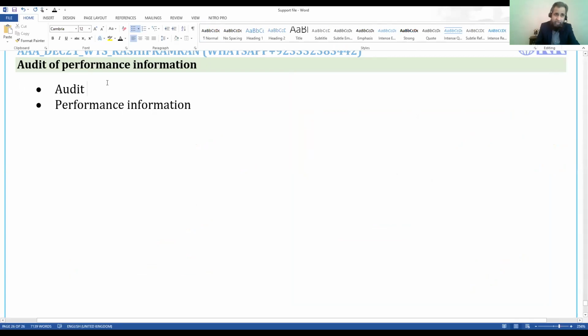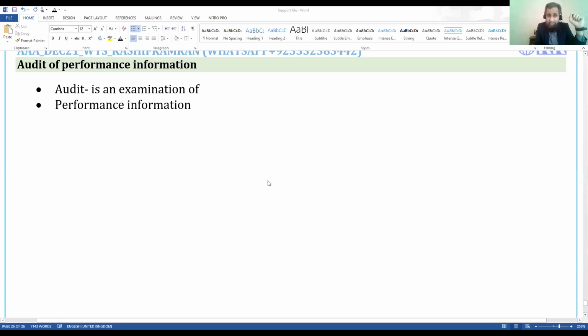An examination of what? When you look at a typical audit, the audit is an examination of a financial statement. But are we auditing the financial statements in this topic? No, we are auditing the performance information.